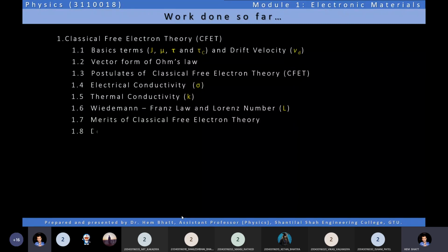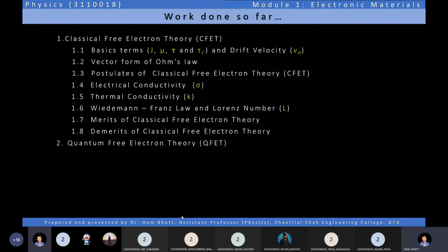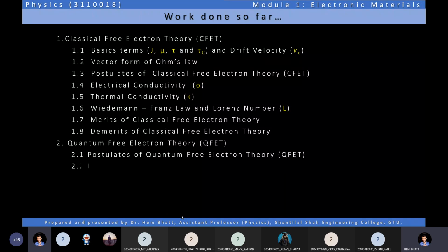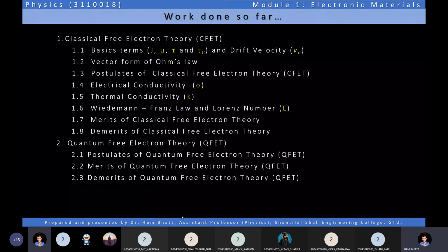Then we saw merits and many demerits of classical free electron theory. That's how we arrived at quantum free electron theory, which has its own postulates, merits and demerits. To overcome the demerits of quantum free electron theory, band theory was proposed, and the base of band theory is the Kronig-Penney model, which we'll see next time.